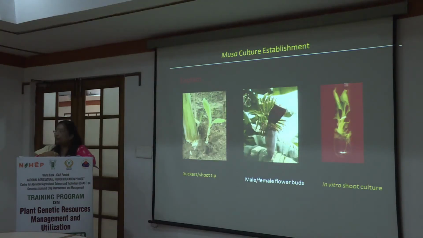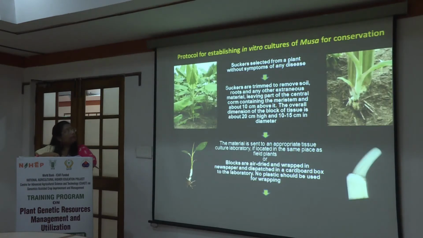So just to illustrate, I have taken the example of banana. We can start with any of the 3 explants. These are the suckers that a banana plant has. We can even start with floral meristems, the flower buds, especially the male flower bud, or sometimes we get ready-made cultures, which is the easiest to start with.